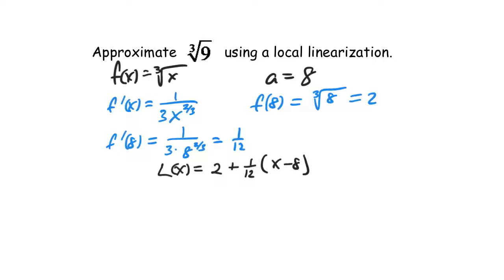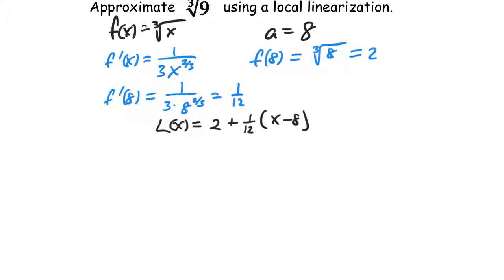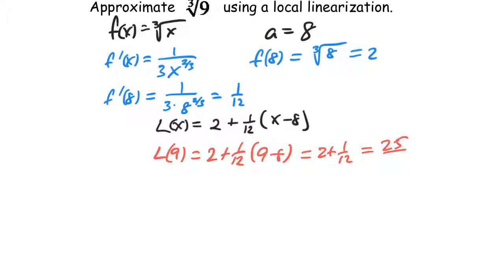So when we do that, we get that L of 9 is equal to 2 plus 1/12 times 9 minus 8, which is simply 2 plus 1/12, or what could we call that, 25 over 12, 2 and a 12th, whatever you want to call it.